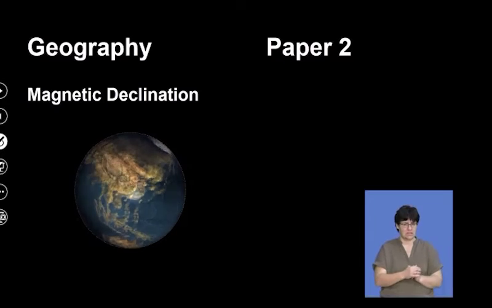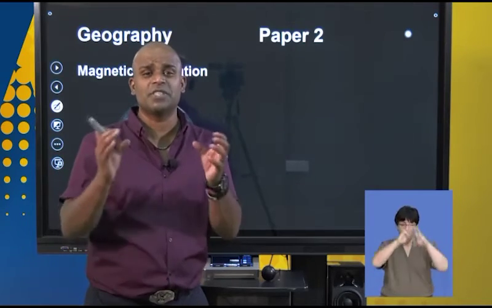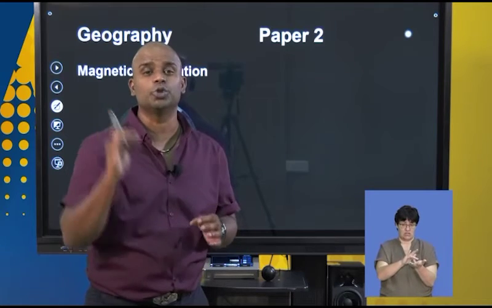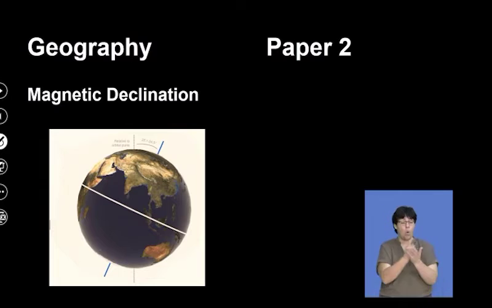So the following is important. When we're looking at magnetic declination, we are looking at the Earth in terms of its position in relation to true north. Now, always remember the following, that in this particular diagram, we are trying to determine the Earth in terms of its relation to true north.